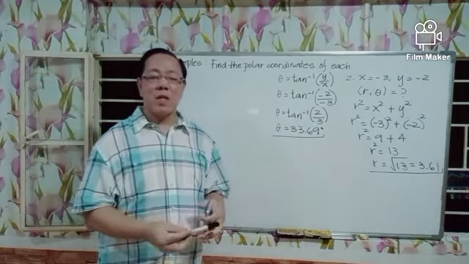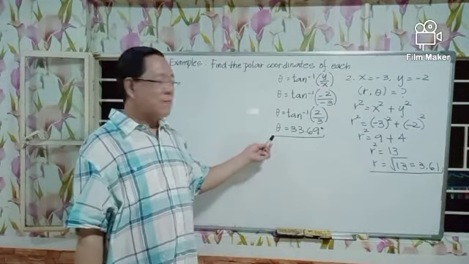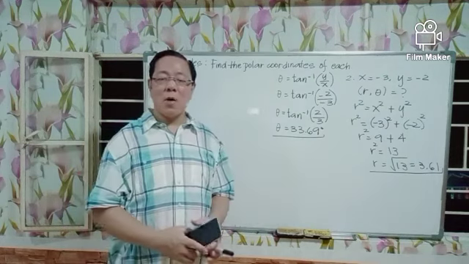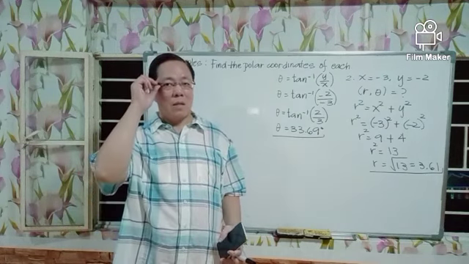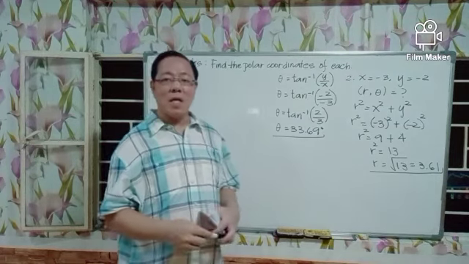Now we plot the point -3, -2 to check if this is the correct angular coordinate of the point with Cartesian coordinates -3, -2.